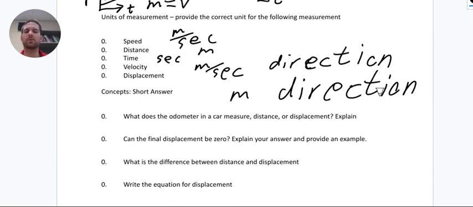So the odometer measures distance, as it doesn't give you a direction, it just gives you a value of how many miles you've gone. And your final displacement could be 0.